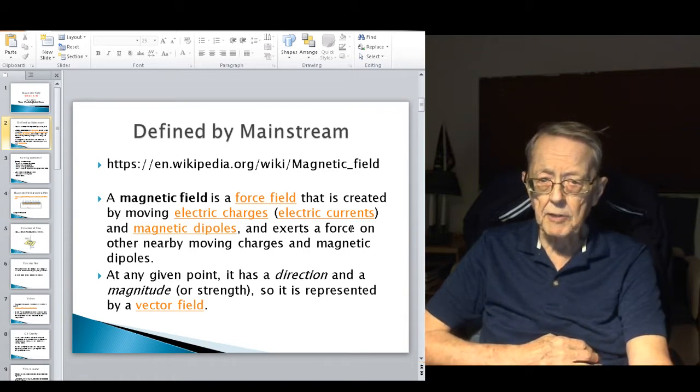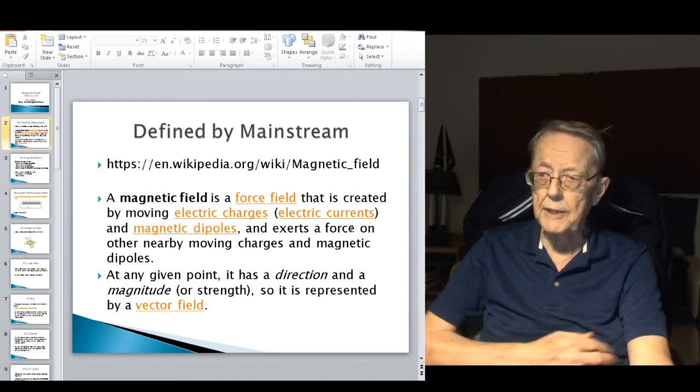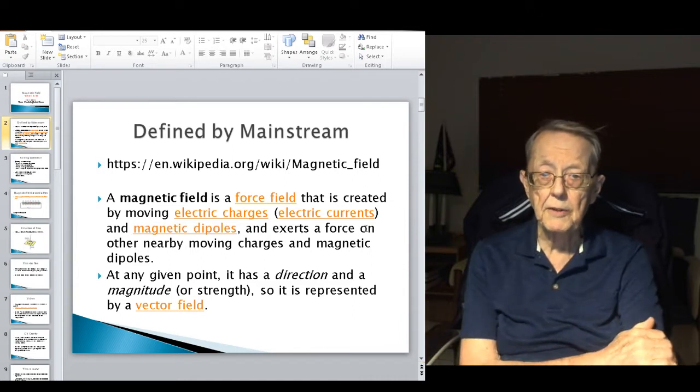And at any given point, it has direction and magnitude, which means strength, so it is represented by a vector field.